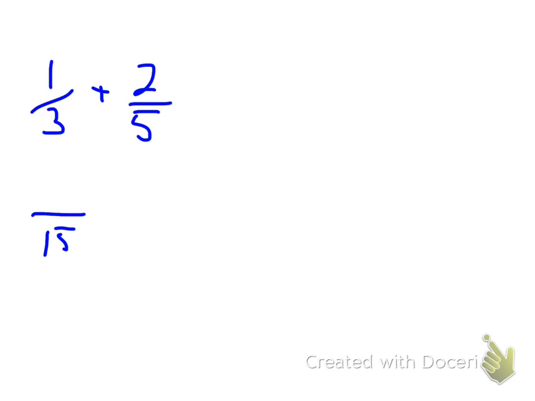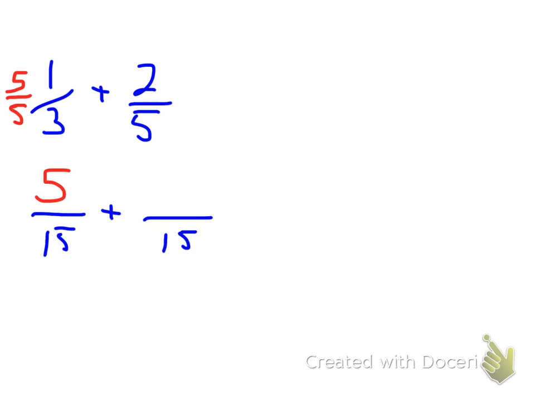That denominator is now 15. But in order to get my numerators figured out, I need to think, what number do I multiply 3 to get to 15? And that number is 5. So I need to multiply both numerator and denominator by 5. 5 divided by 5 is actually a giant 1, which then means I'm not changing the problem. I'm actually multiplying 1/3 by a 1. But my new numerator is now 5.